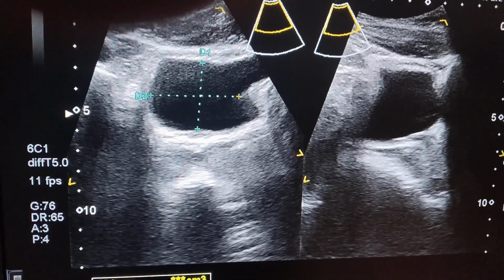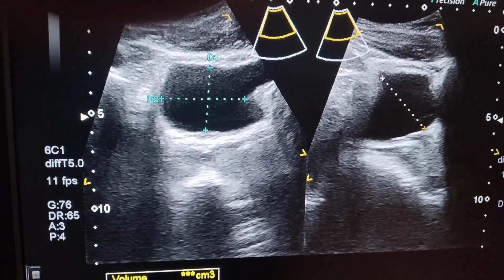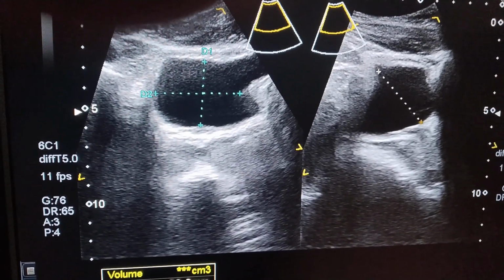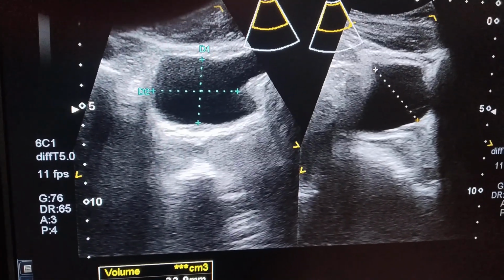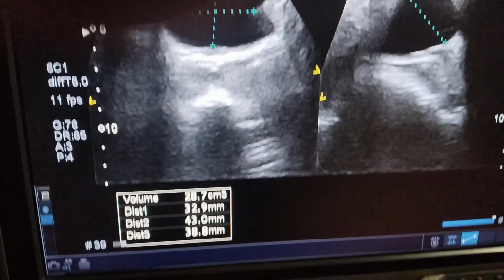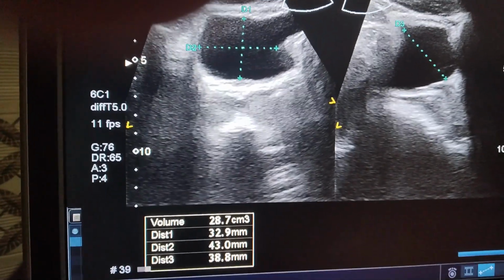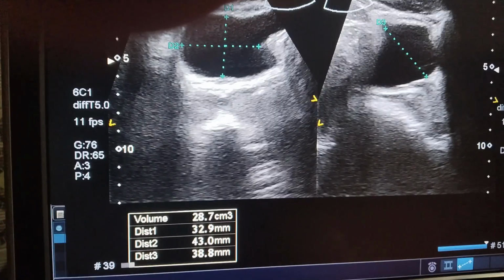The height is the AP diameter. And from superior to inferior is the length. In this way we can measure the post-void urinary volume, and it is almost 29 milliliters.